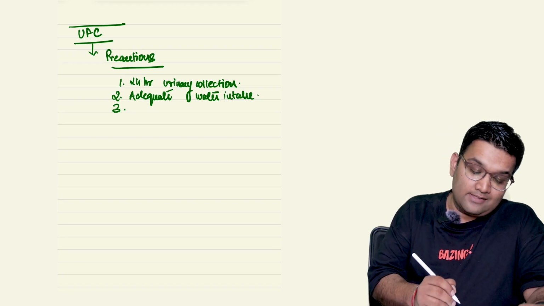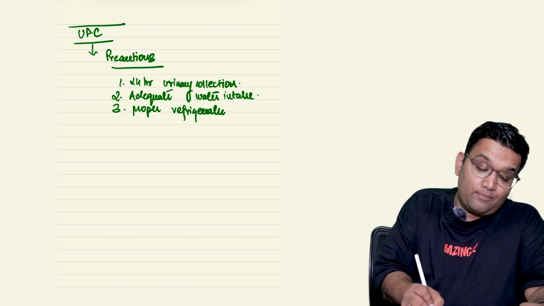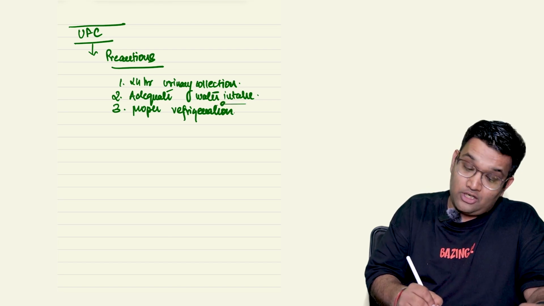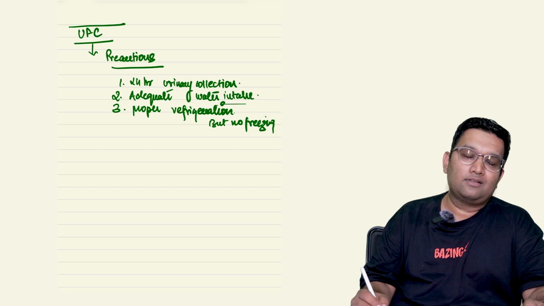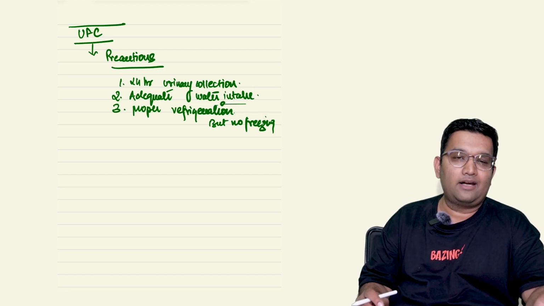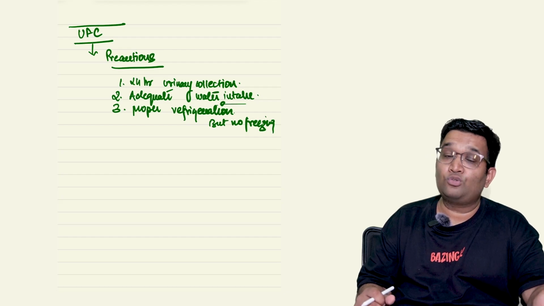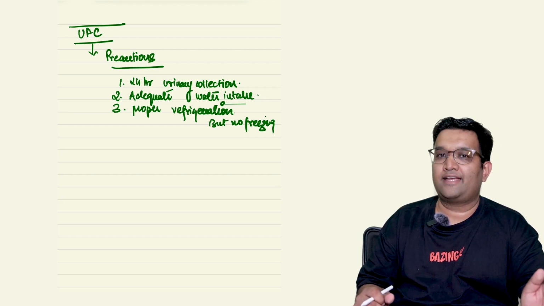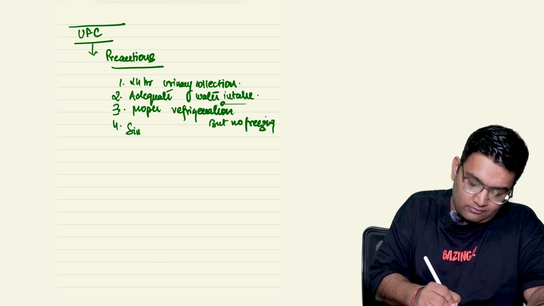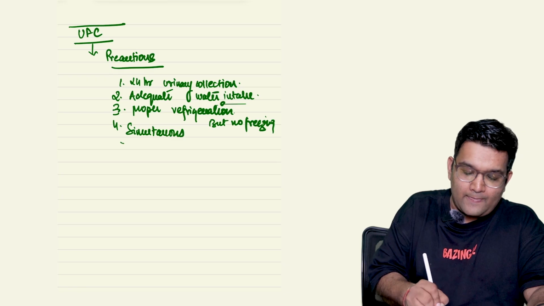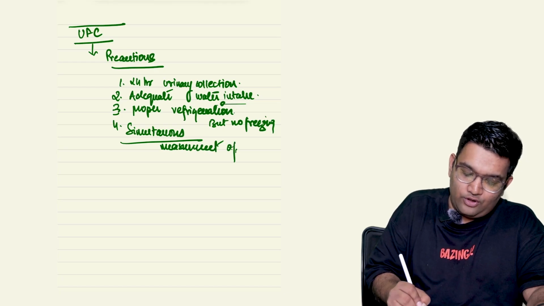The third thing is that there should be proper refrigeration, but no freezing. This is the problem that we are having. It is very difficult in resource limited settings like in our country, at least in the non-central institutes, to get a refrigerator exclusively for storing this test sample. There should be a simultaneous measurement of urinary creatinine.